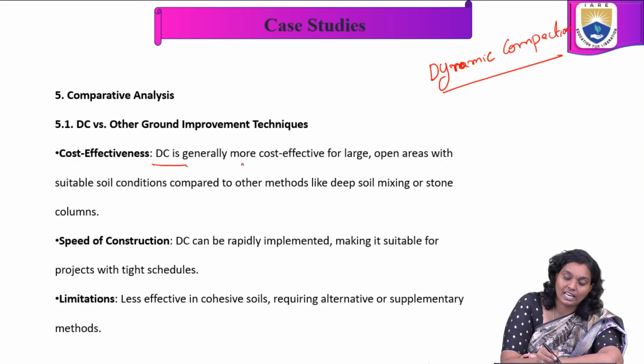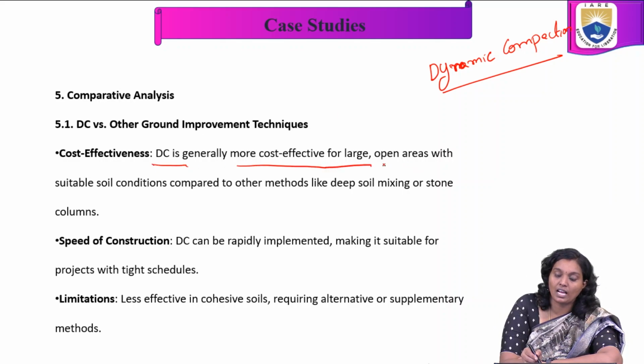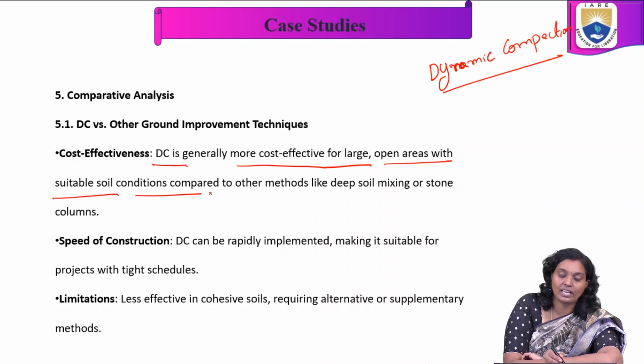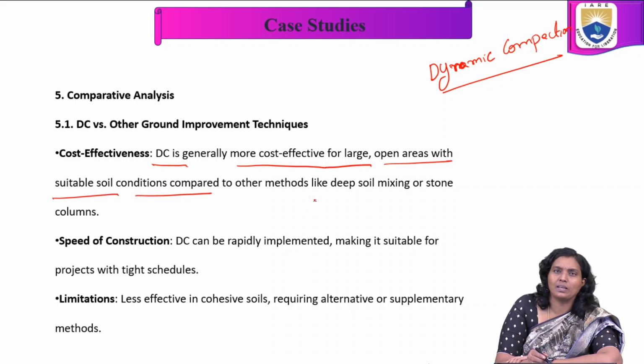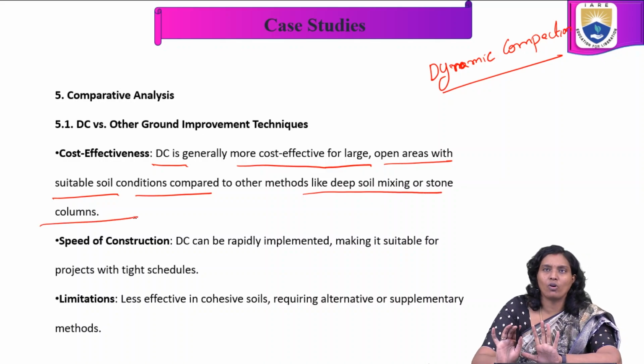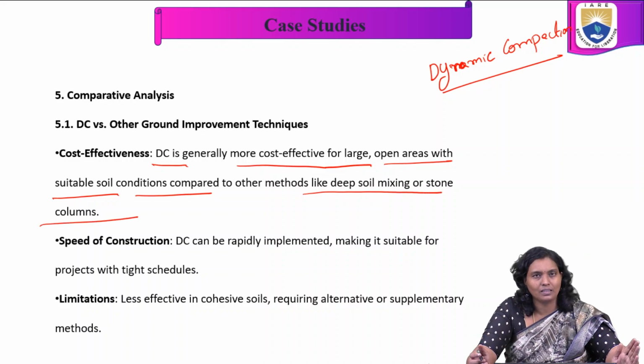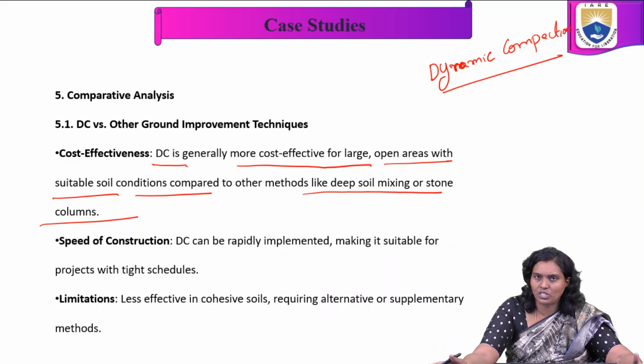Dynamic compaction is generally more cost effective for large open areas with suitable soil conditions compared to others like deep soil mixing and stone columns. Why? Because it requires heavy weight, and we are dropping that particular machinery over large and open areas with suitable soil conditions.